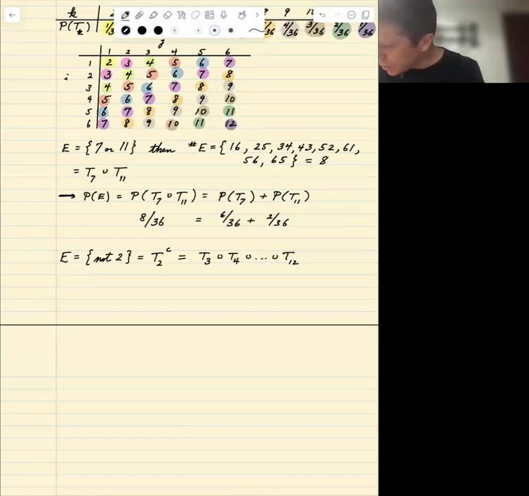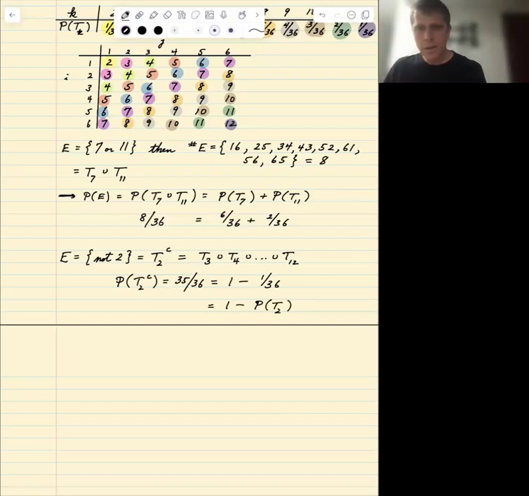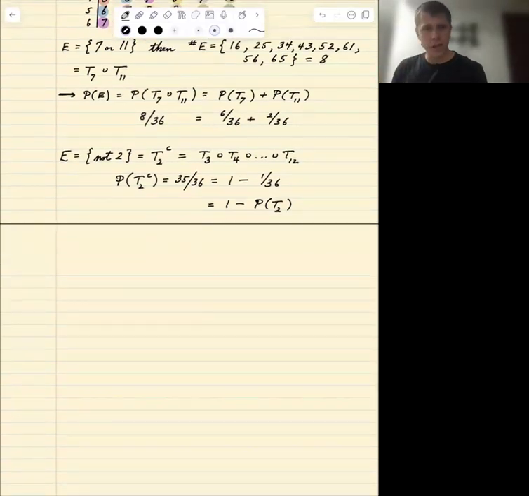So by definition of this model, the probability of T2 complement is 35 divided by 36, which incidentally is 1 minus 1 over 36, which incidentally is 1 minus the probability of T2. These are examples of general principles that we're going to find over the next, as we continue to generalize this.